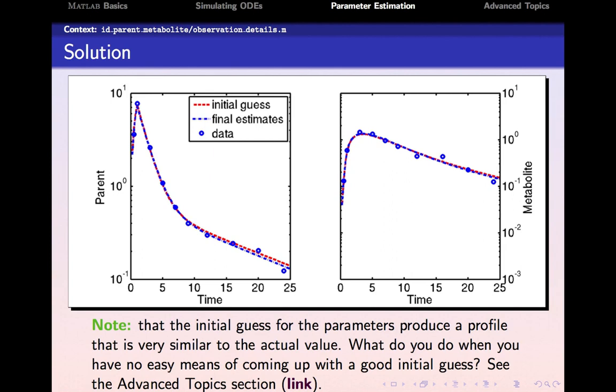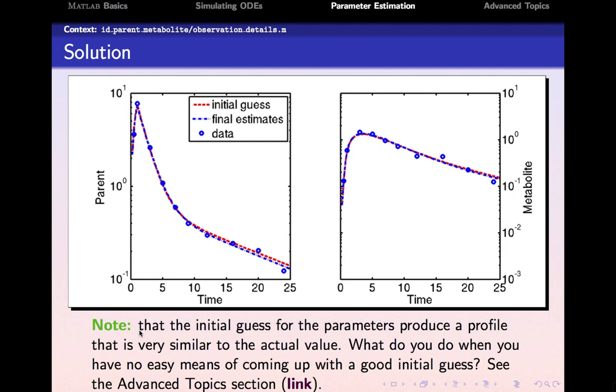So here we have the initial guess, the final estimates, and then the data that were used to generate the data that were fitted. Okay. One thing that you might want to note is that the initial guess for these parameters produces a profile that's very, very similar to the actual value. So one question you might have is, what do you do when you don't have any good initial guess?